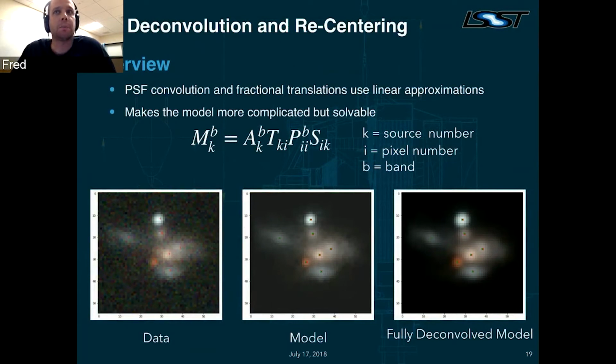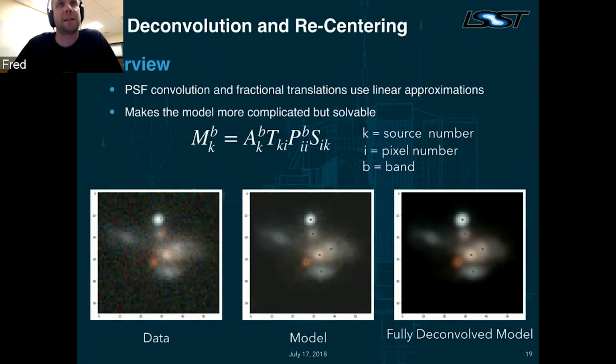Because of that, we want to make sure that we have a better estimate of the peak than just the integer positions of pixels. And so we have to perform a fractional translation. And we do this as linear approximations. So essentially we build a matrix, which is the PSF convolution matrix, and we build a translation matrix.